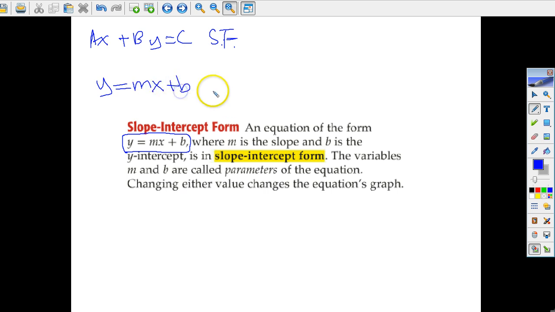This is slope-intercept form, SIF. The variables m and b are called parameters of the equations. Changing either value changes the equation's graph. So depending on the m and the b, the graph is going to look different.